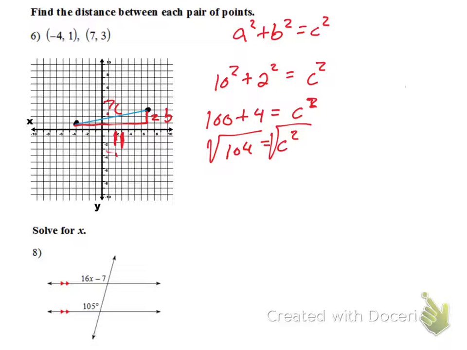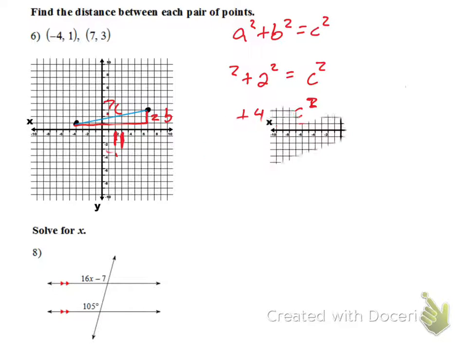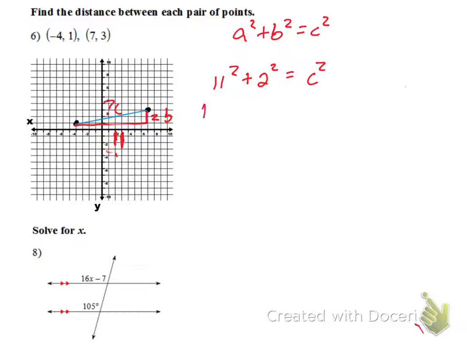So that would mean I would just have to rewrite this and this. I'll do this to make it easier so you guys can follow along. It's going to be 11 squared. So 11 times 11, or 11 squared, is 121. So 121 plus 4 is equal to c squared.